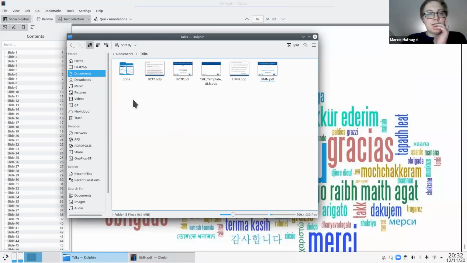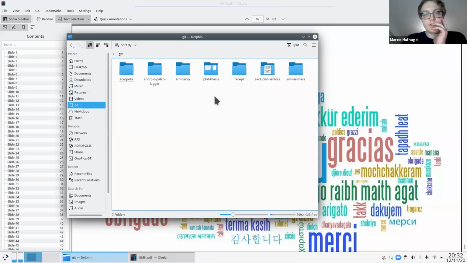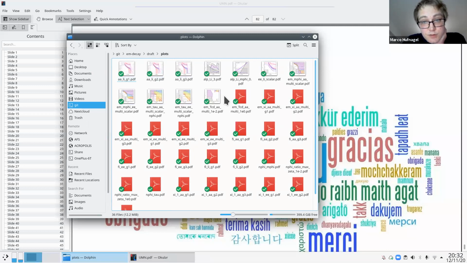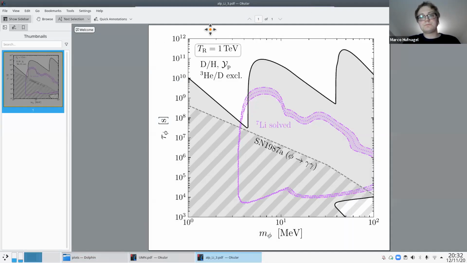Maybe I can come back to this question about the axion particles and the lithium problem, which I basically postponed to the end of this talk.